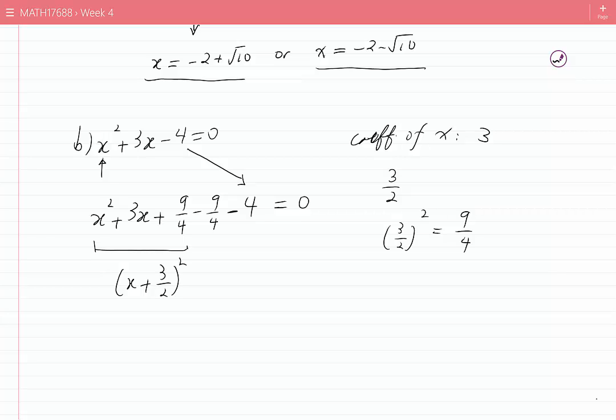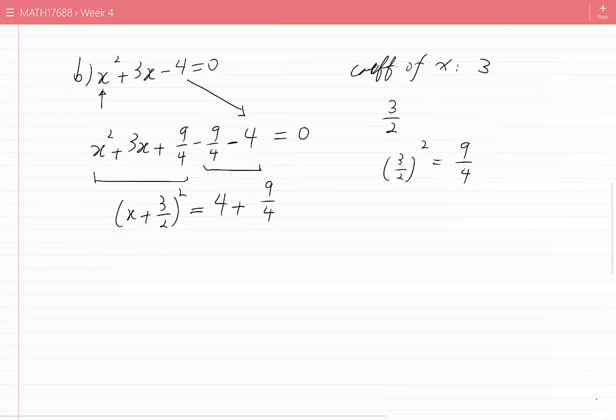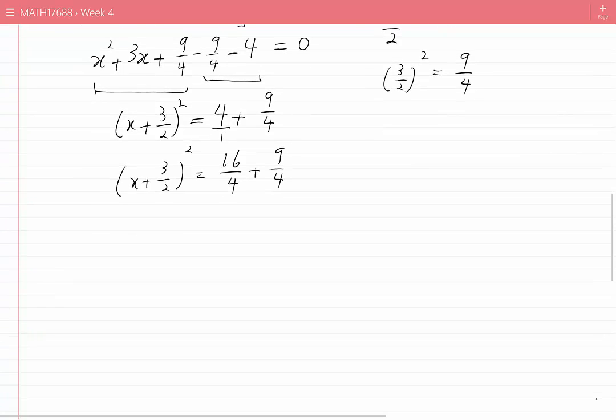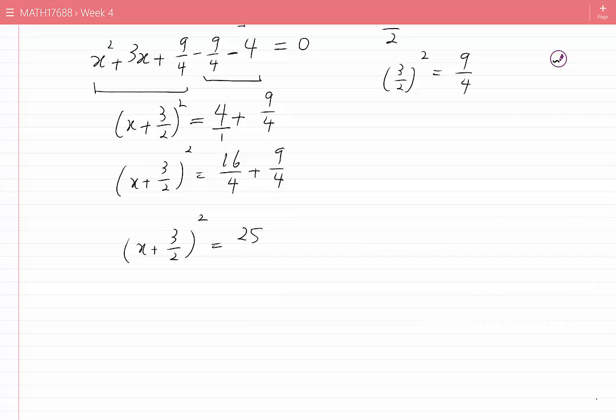You can take the other 2 terms to the right hand side, and you would have 4 plus 9 by 4. The right hand side can be simplified by taking the common denominator, and that gives us 16 over 4 plus 9 by 4. So altogether we would have (x plus 3 by 2) squared is equal to 25 over 4.